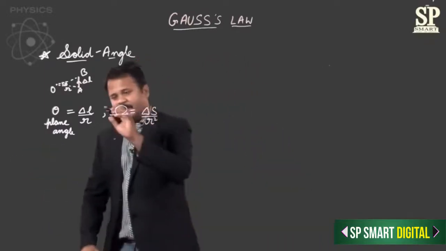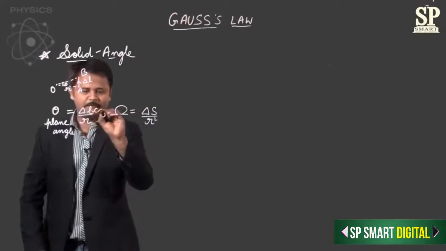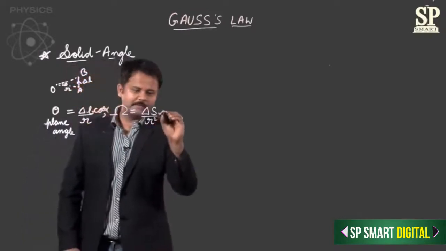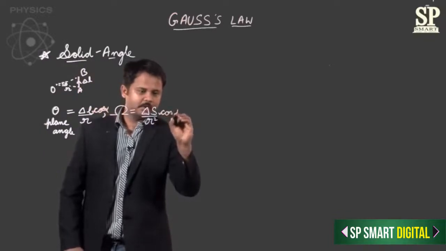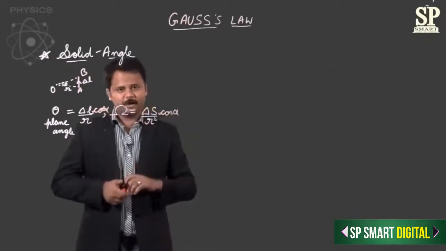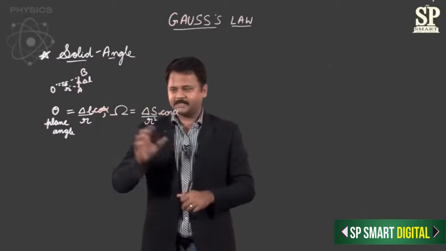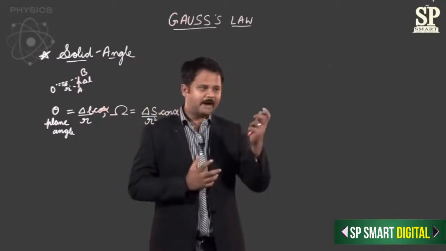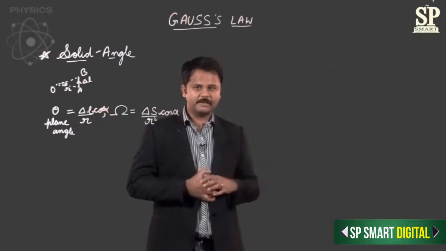After making this generalization, my formula modifies to cos alpha here and cos alpha here. So in a sense, we have now learned how to calculate the expression for the solid angle subtended by a part of a surface, a very small surface.